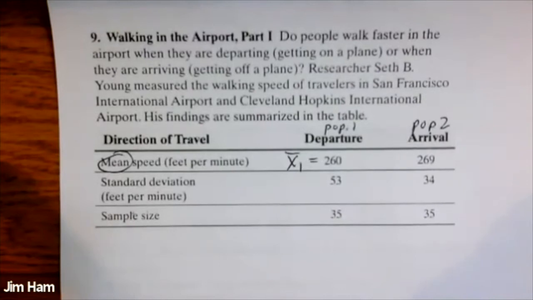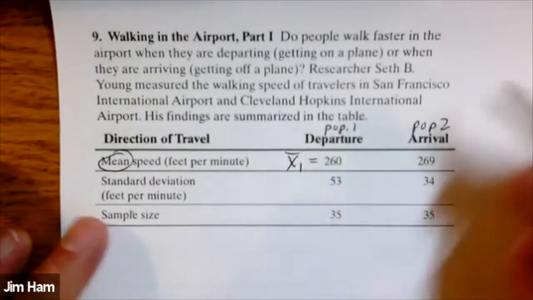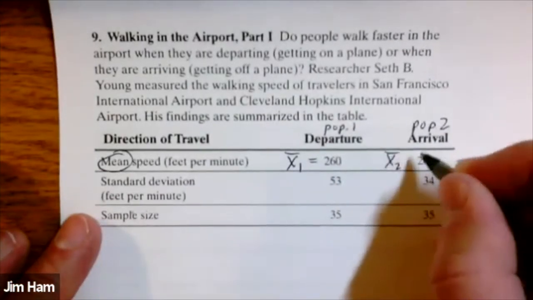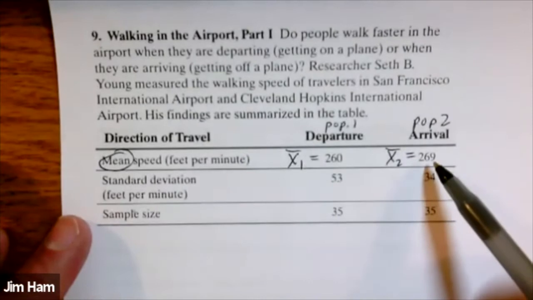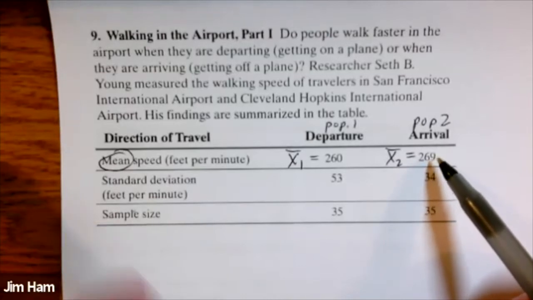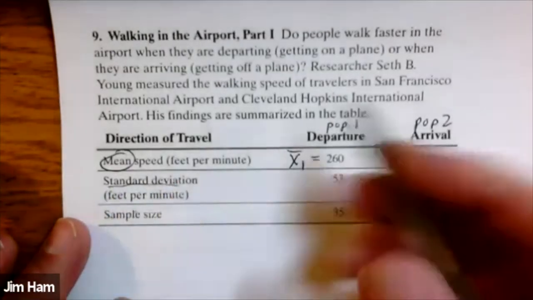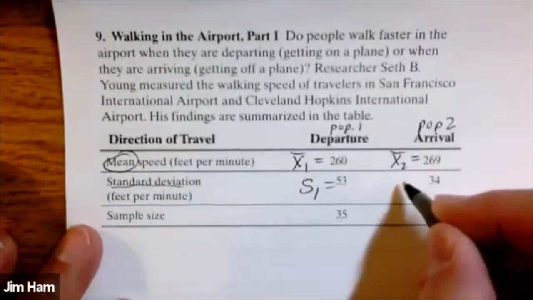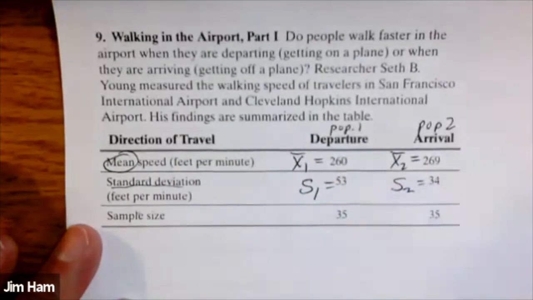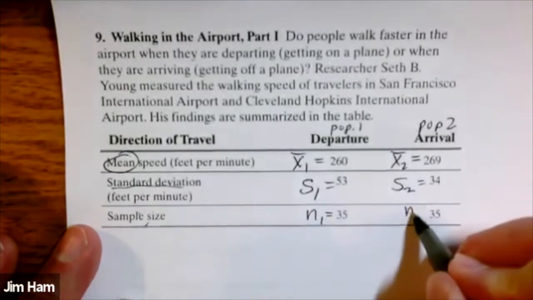They're talking about speeds here, 260 feet per minute, and x bar 2 would be 269. So just like me, it looks like they're going a little faster after they arrive, trying to go get their bag or whatever. Standard deviations, these are s1 and s2. And then the sample sizes, n1 and n2.